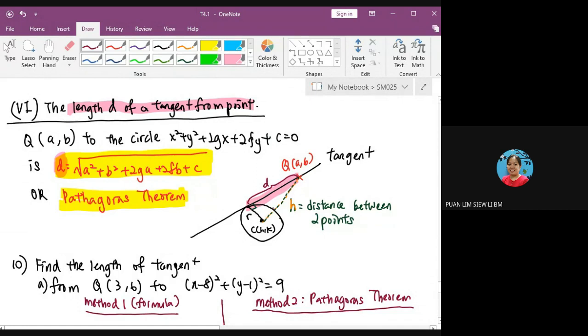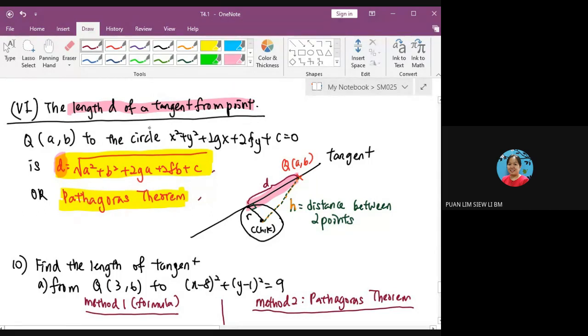So you can use Pythagoras theorem, where your hypotenuse will be the distance between 2 points, the center and the point Q. After you find this distance and your R, you use Pythagoras theorem to find out what your D is. So we have two methods to go.